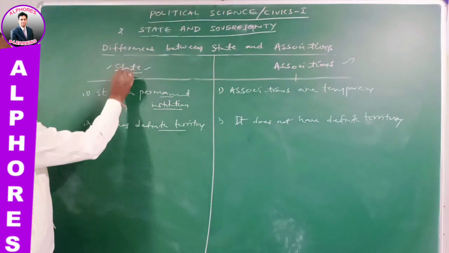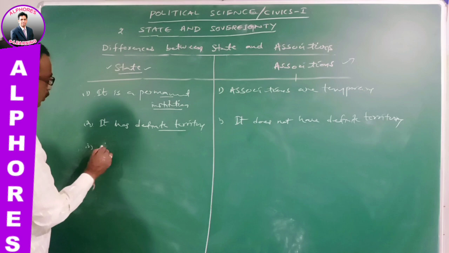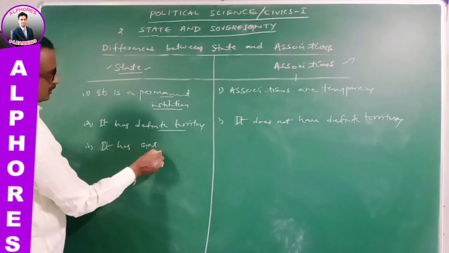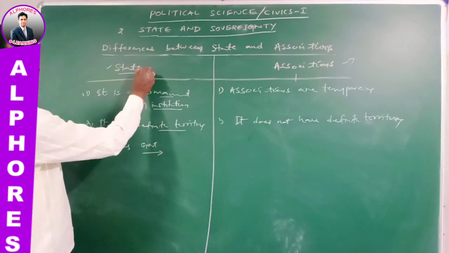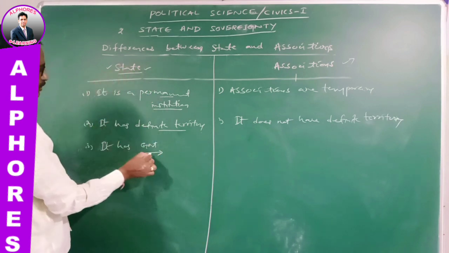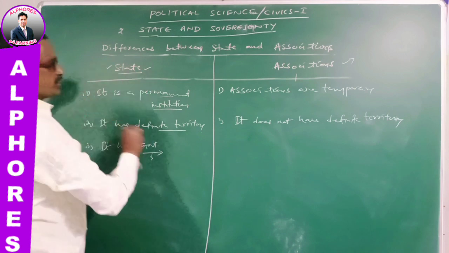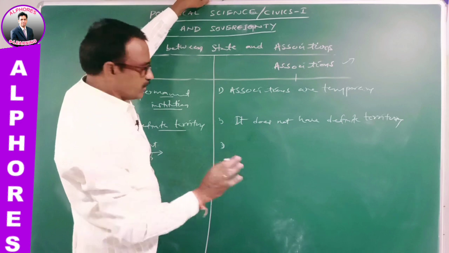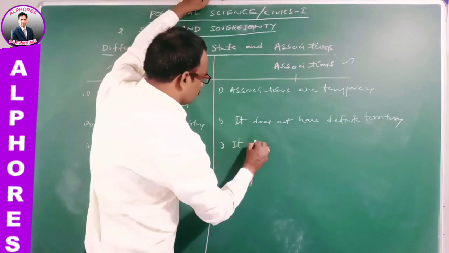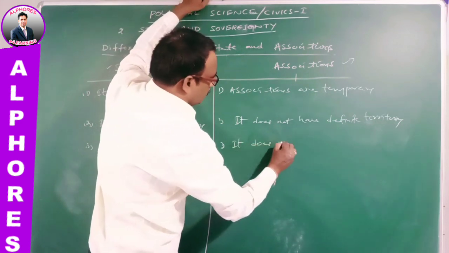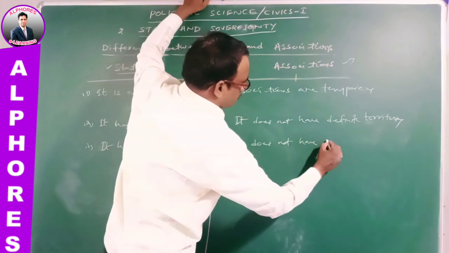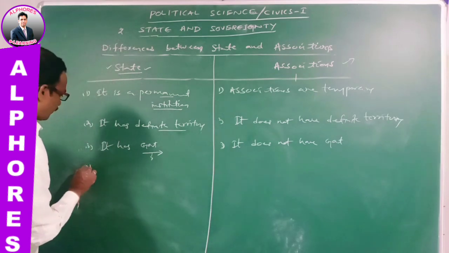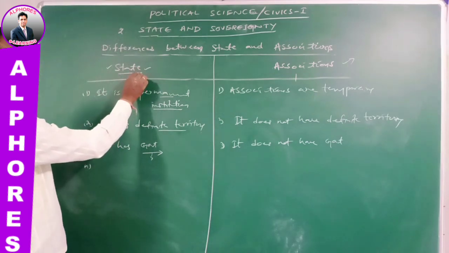Then state has government. It is like the brain and heart of the state. So without government there is no state, whereas associations do not have any government. Then what is the most important element of the state?